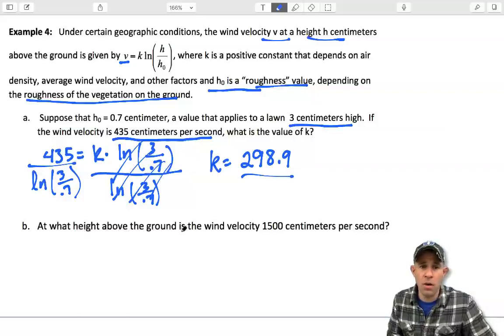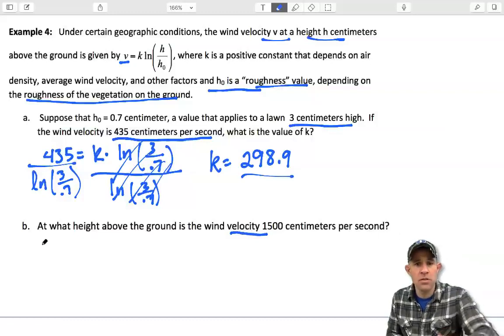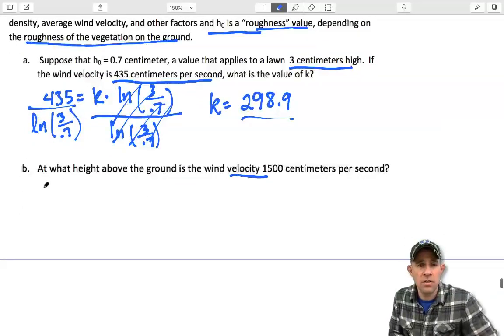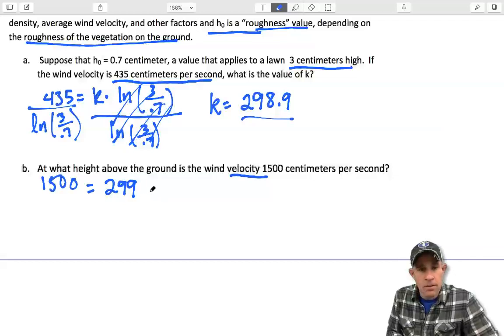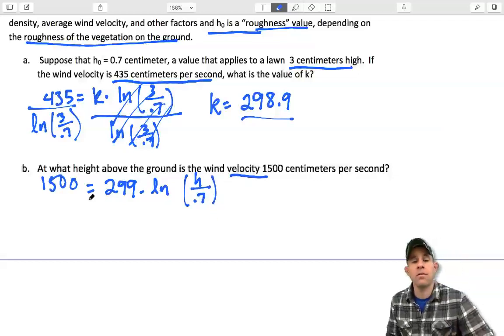It says at what height above the ground is the wind velocity 1,500 centimeters per second? So we're going to substitute in our 1,500 and set that equal to our equation using k as 299, rounding up, times the natural log of h, the height that we're solving for, divided by our roughness of 0.7.